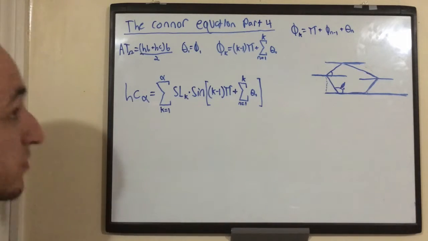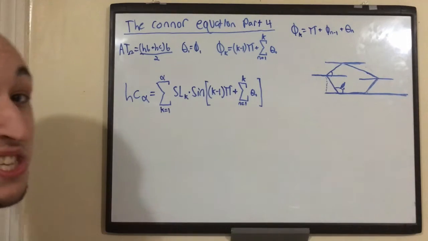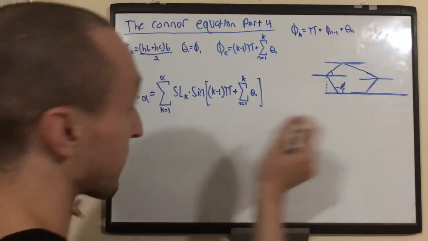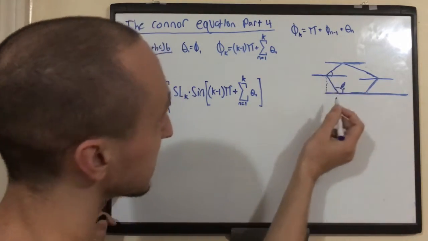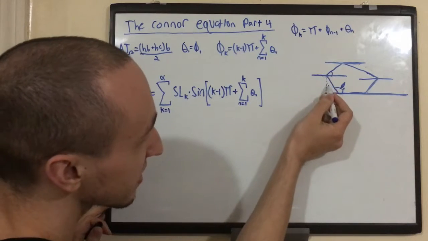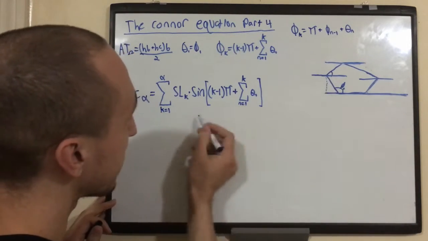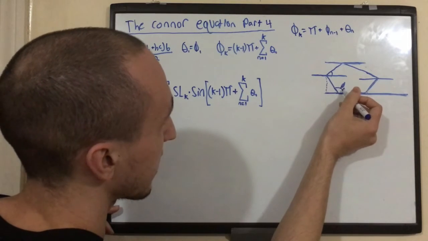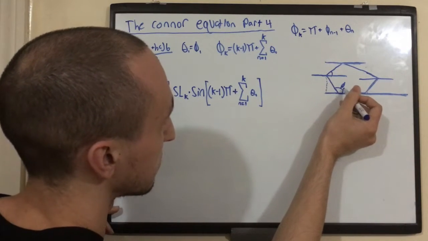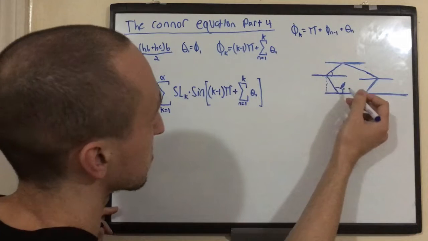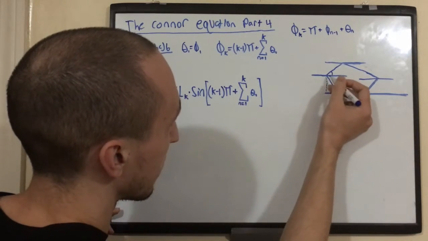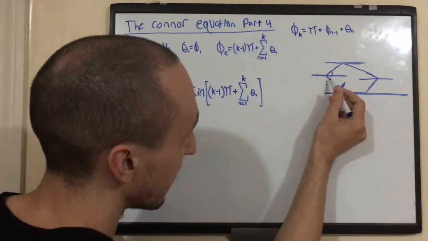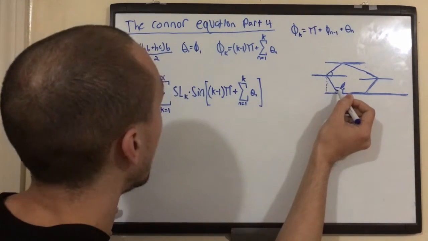This is HC alpha. Let me explain what this is exactly for anyone who might be confused. You see the dotted line here? On this side, this is angle 1, phi 1, theta 1 equals phi 1. This side right here is SL1.